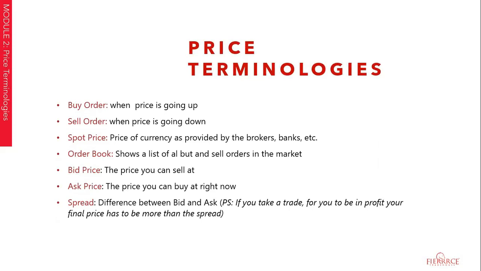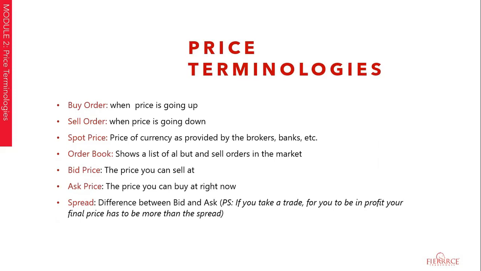So we have certain terminologies that we use when we are talking about trading, and you'll hear this a lot. We have terminologies like buy order, which is basically, again, think of it from a layman's perspective.